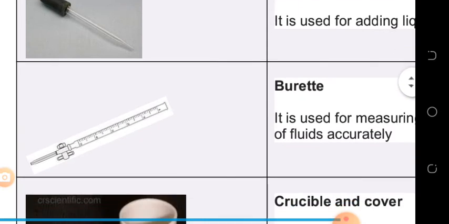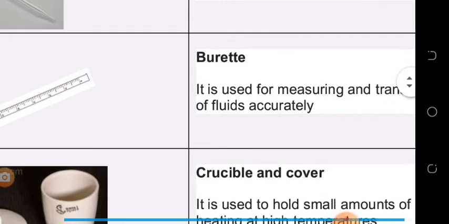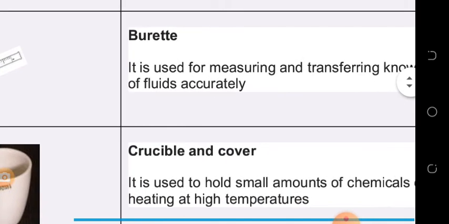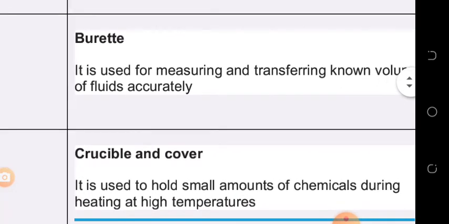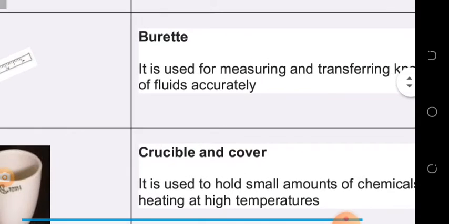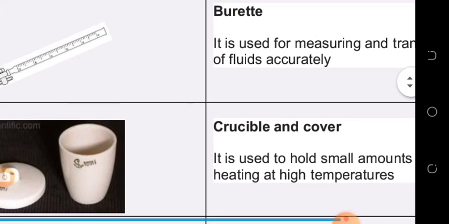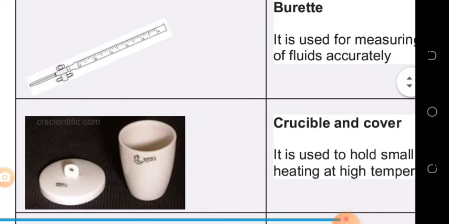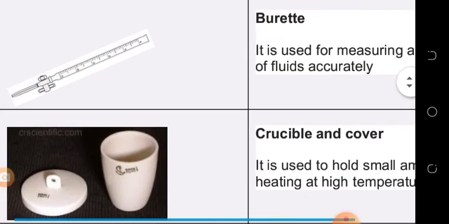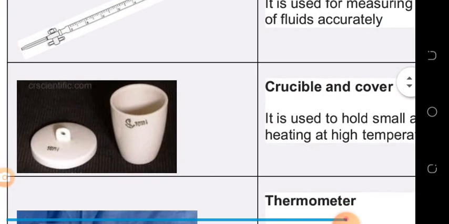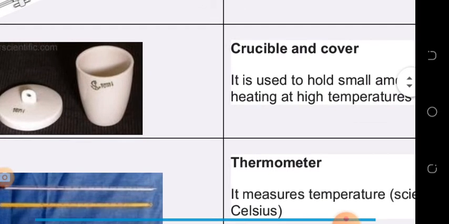Burette is used to measure and transfer known volume of a fluid or a solution accurately. So here you need to identify the meniscus of the solution during titration.